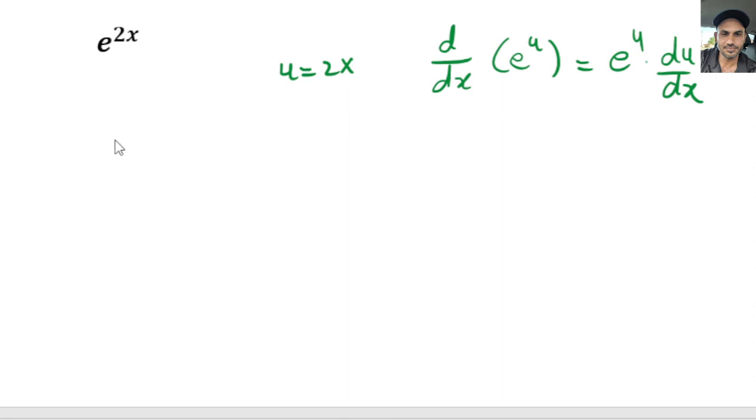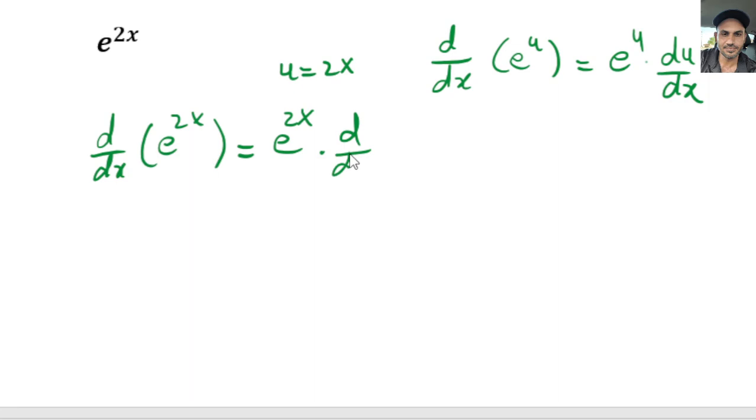So we get d over dx of e to the 2x is going to be equal to e to the u, and u is 2x, times d over dx of u, which is 2x.